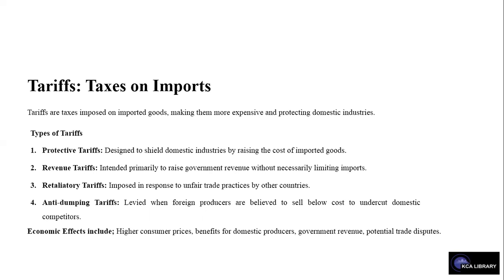As per the tariff, we look into it as taxes imposed on imported goods, making them more expensive and protecting domestic industry. And what are the types of tariff that we have? We have the protective tariff, which is designed to shield domestic industries by raising the cost of imported goods.